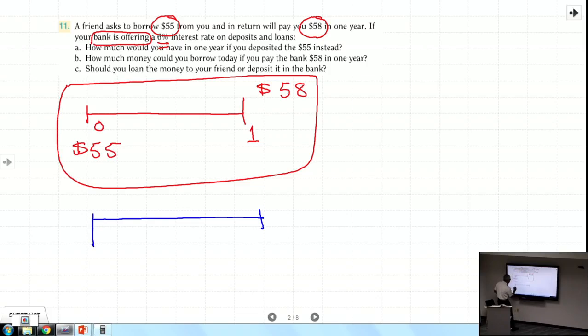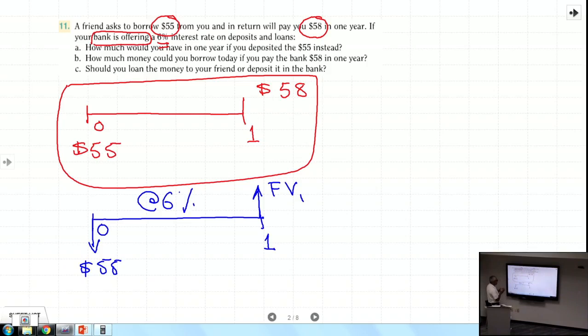So I'm going to be depositing $55 at time 0. My question is, what will be my future value in time 1 if this was earning a 6% rate of return?